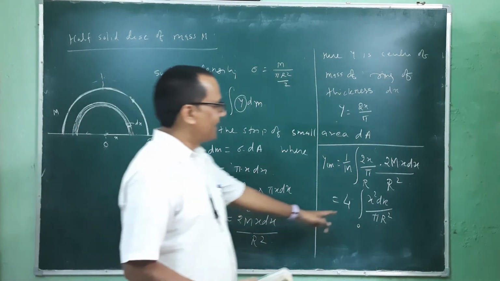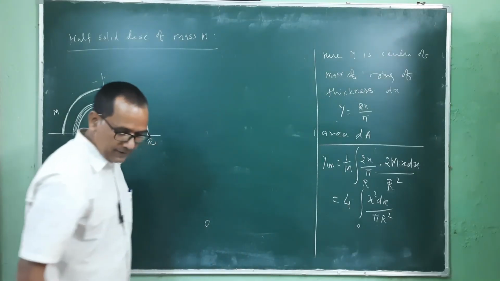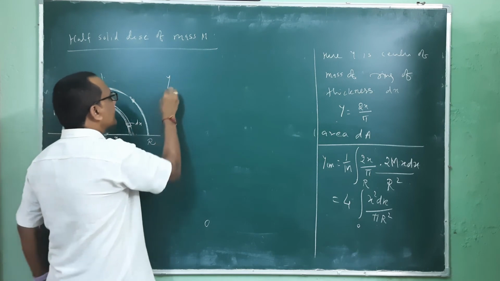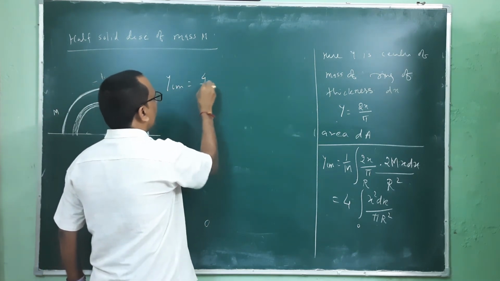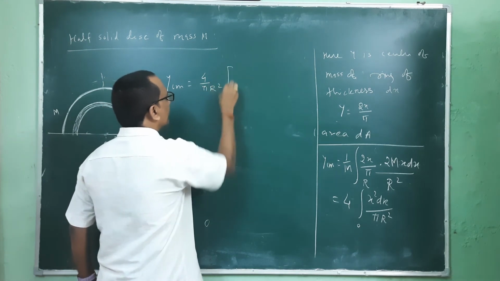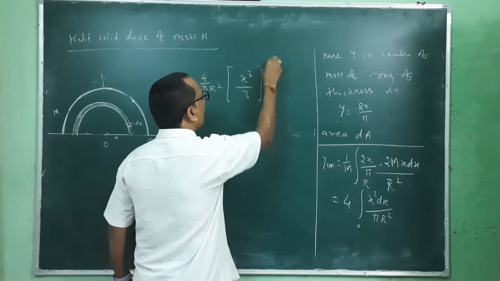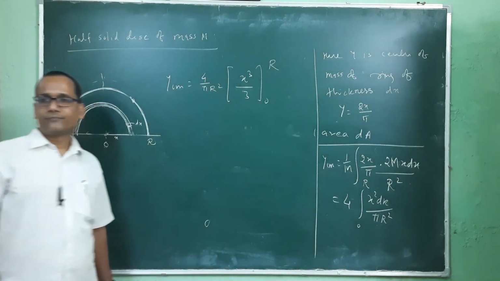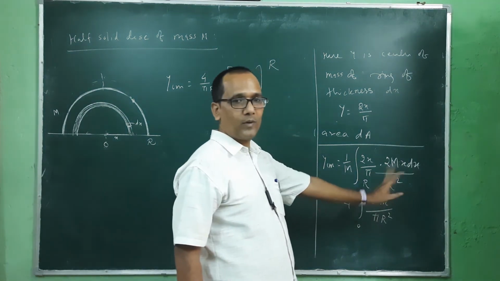Let's take this x cube by 3, and by using that formula ycm is equal to 4 by pi r square multiplied by x cube by 3 from 0 to r. The order increases by one, x square becomes x cube.